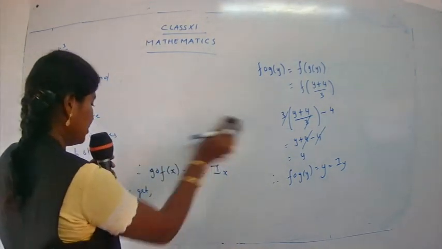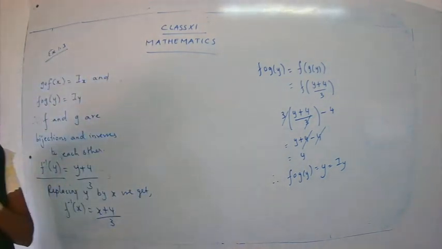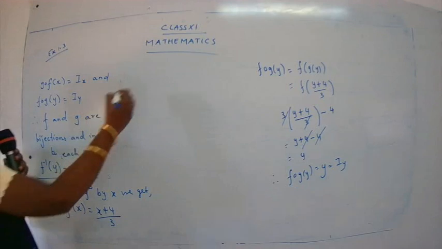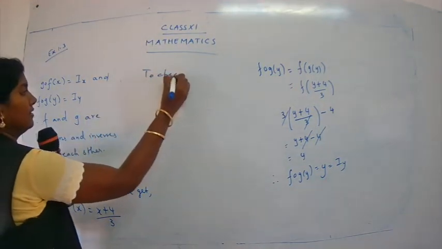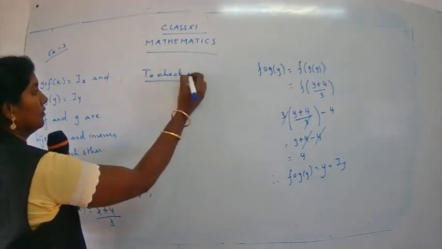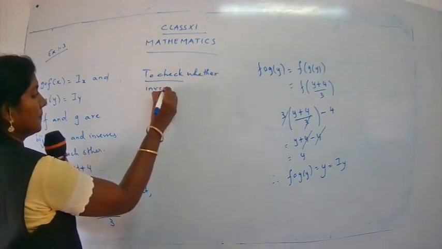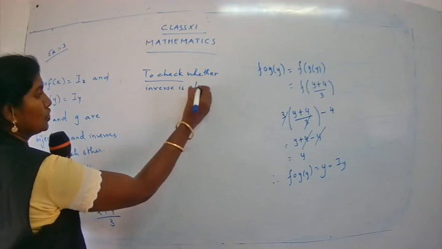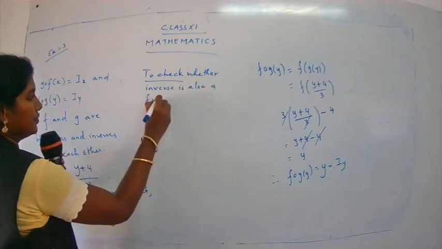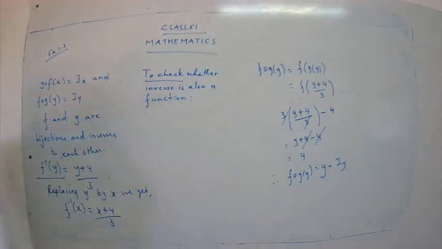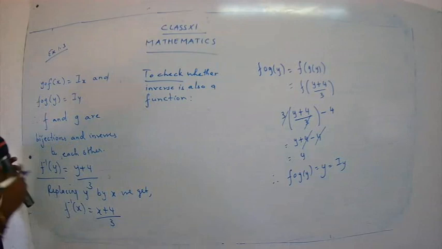What was the heading we have given for the previous sum? To check whether the inverse is also a function. This is what we are going to do, and I have told you to try this part also, so just check whether you have done everything correctly.